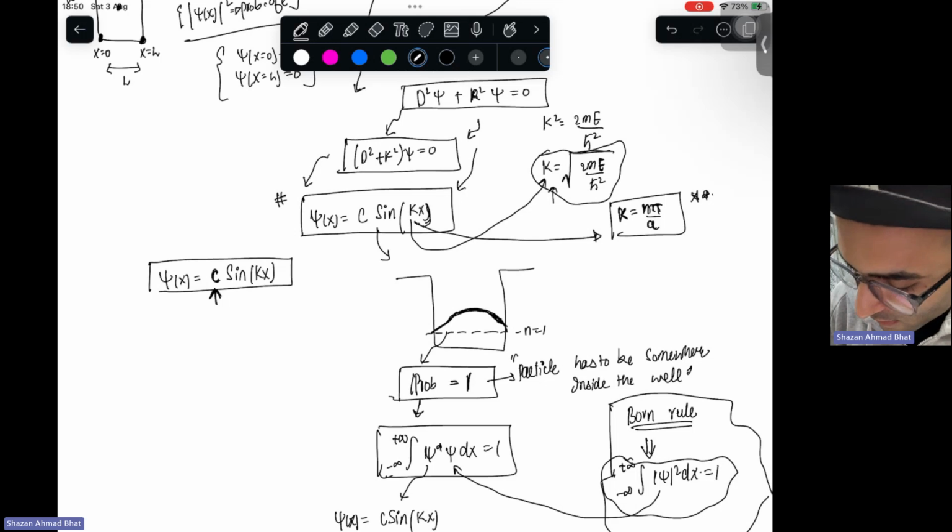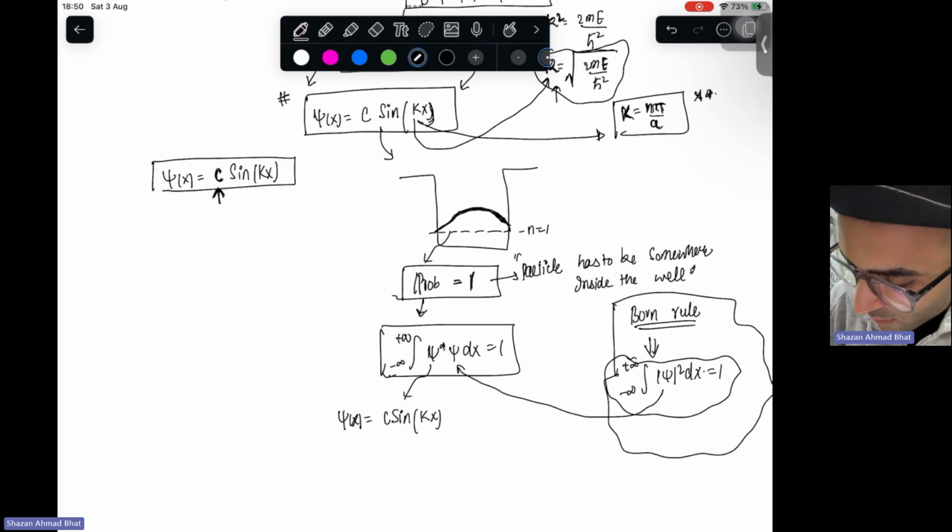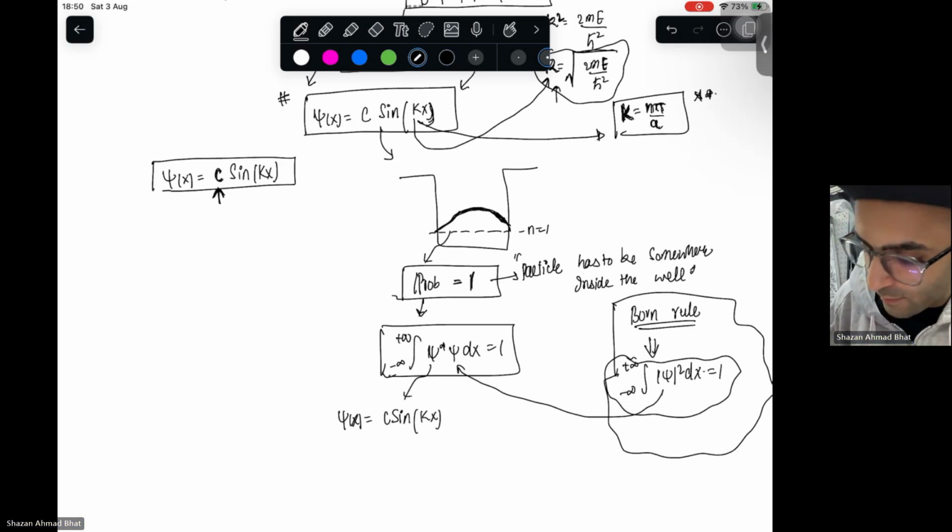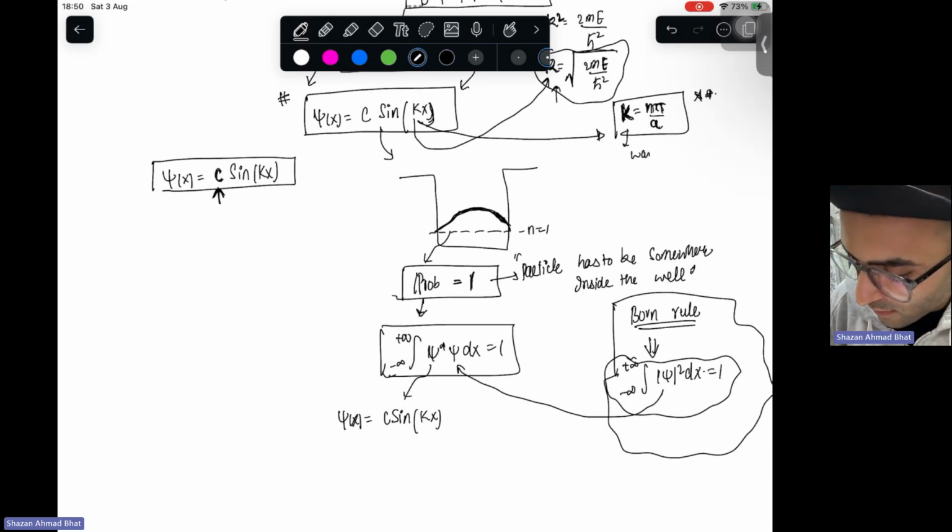Let me write it as capital K, which I have named this variable, the wave vector. This is the wave vector.